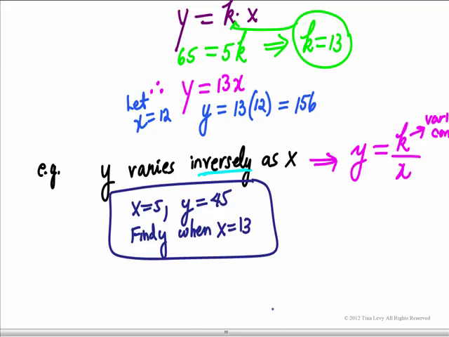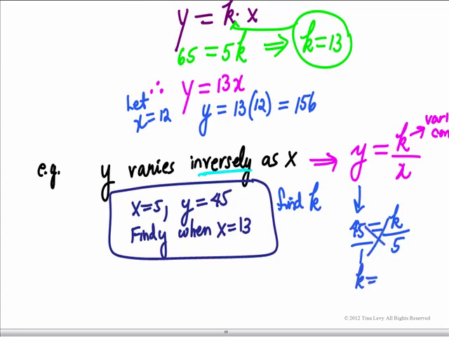So what we're going to do here is we're going to find the k value. And to do that, we're going to substitute. We know that y is 45, and that's k divided by 5. I just cross multiply. K equals 45 times 5, which is 225.